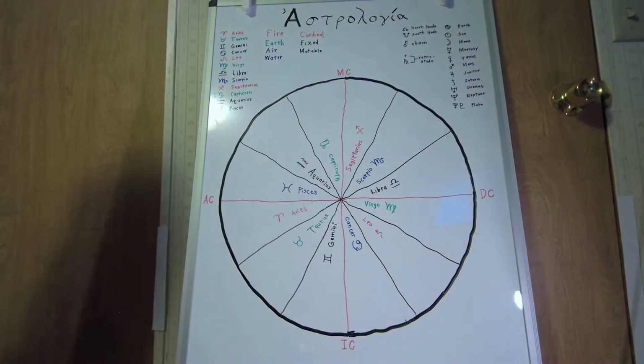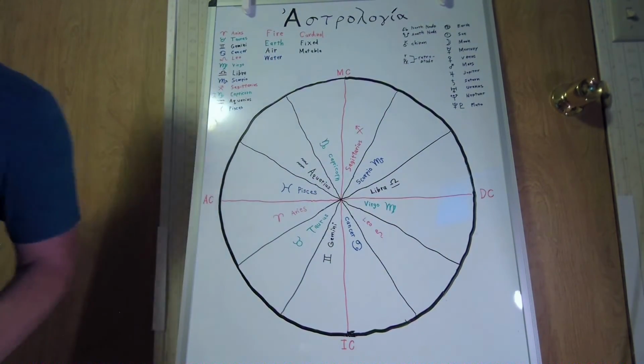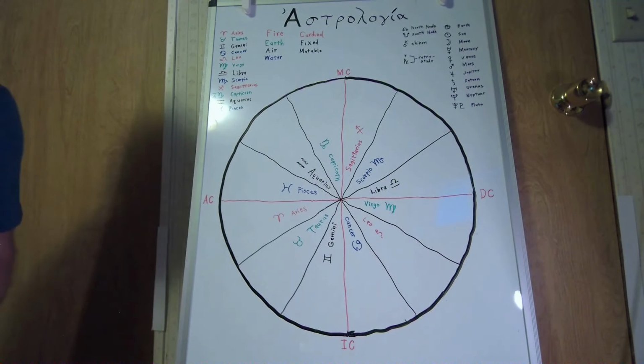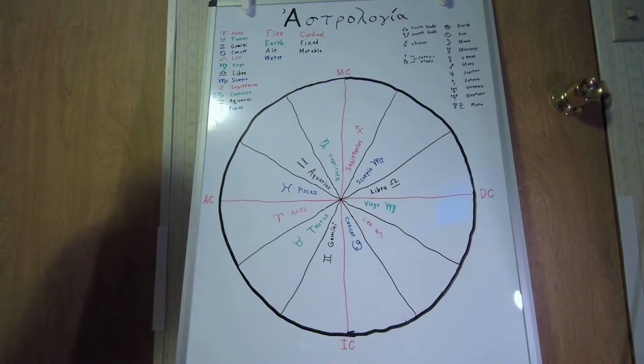Now that we've covered the 12 signs, let's go to the sun. In astrology, the sun and the moon are considered planets.